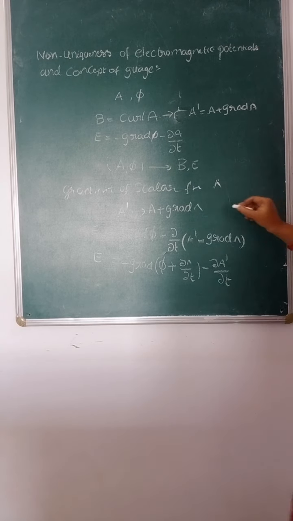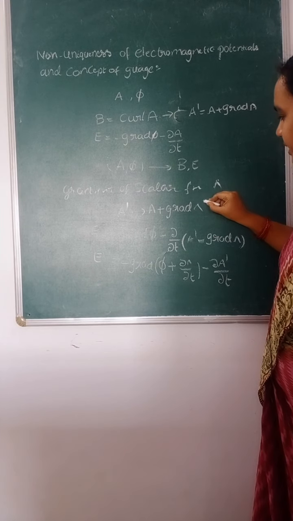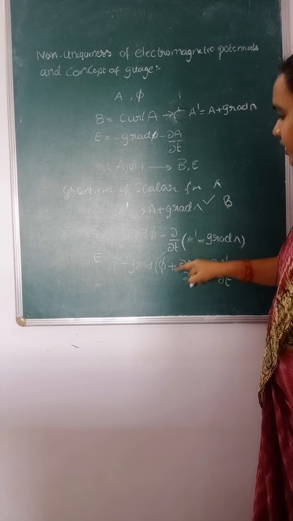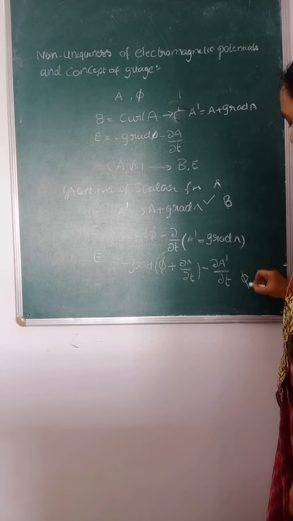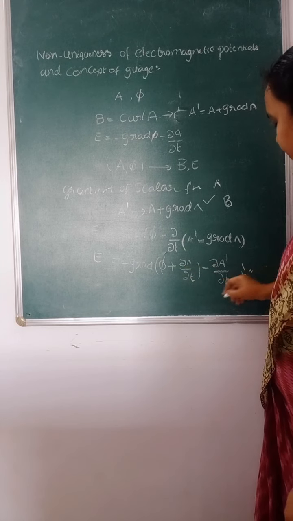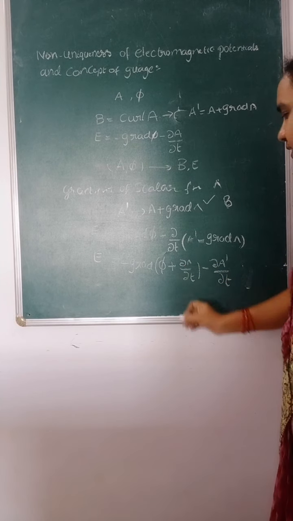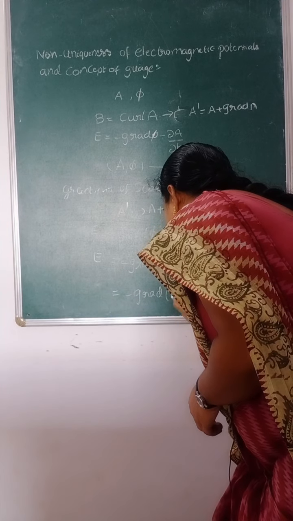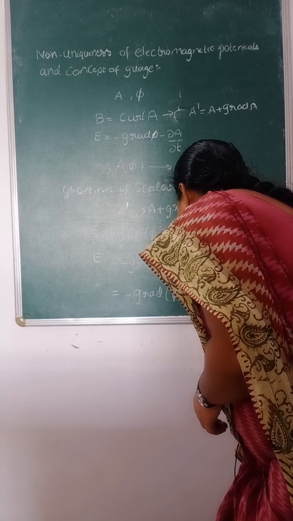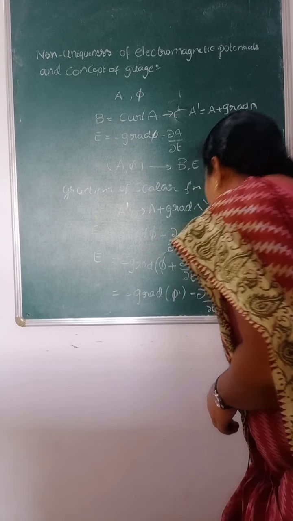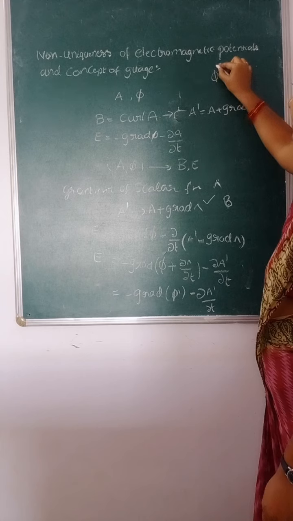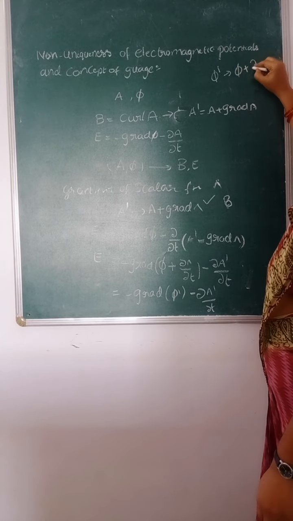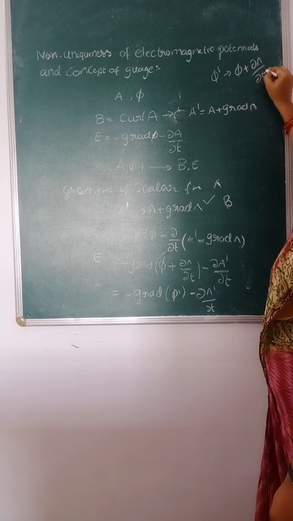Then for this A dash value, that is A plus gradient of psi, we will get the same B value. If you replace phi with phi plus dou psi by dou t, let me denote that value as phi dash, that is, E is minus gradient of phi dash minus dou A dash by dou t, where phi dash is phi plus dou psi by dou t.